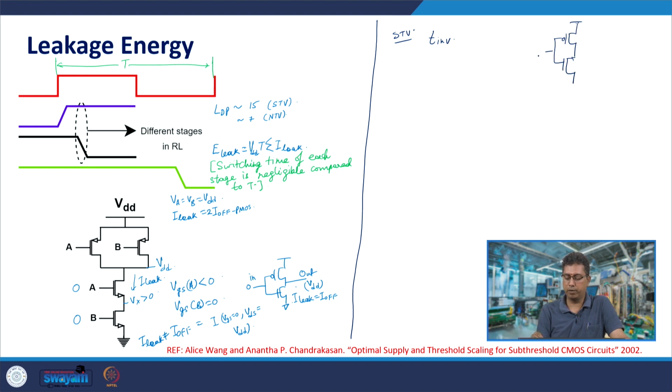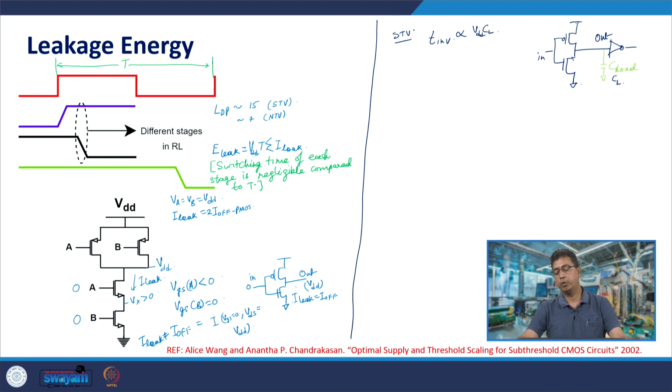So, this is an inverter, it is typically driving another logic gate which has an equivalent capacitance given by C load. So, therefore, this inverter delay would be proportional to CL, the load capacitance. It would be proportional to CL into VDD, because this is the charge that must come to the load capacitance.